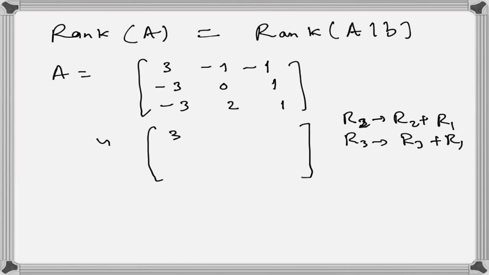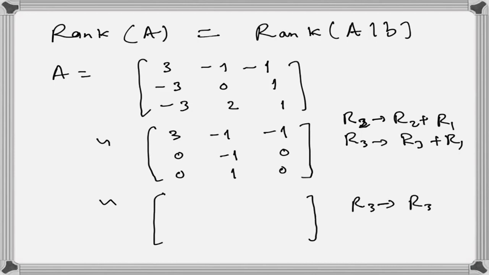So the first row is the same. Then this is 0, this is minus 1, and this is 0, this is 0, this is 1, and this is 0. Alright, so now let's reduce it further. Here we'll use R3 as R3 plus R2. Then we'll have 3 minus 1 minus 1, 0 minus 1 0, and 0 0 0.